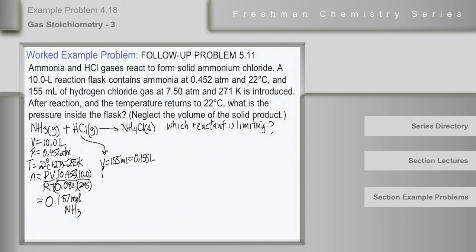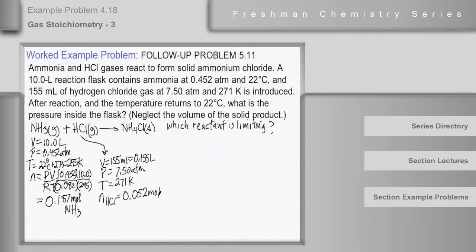The pressure is 7.50 atmospheres, and the temperature is given as 271 kelvins. In the same way, we can calculate the number of moles of HCl, and when we do that, we find out that 0.052 moles of HCl are present.